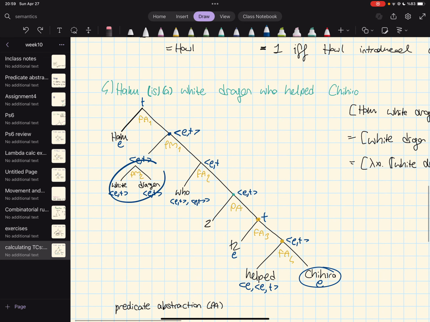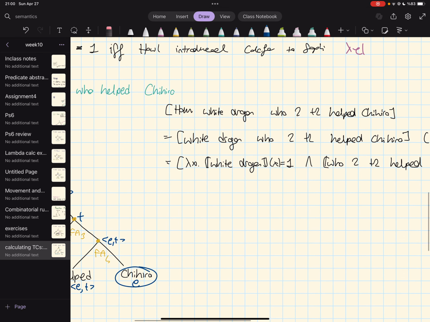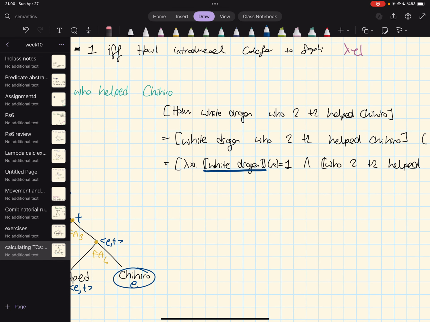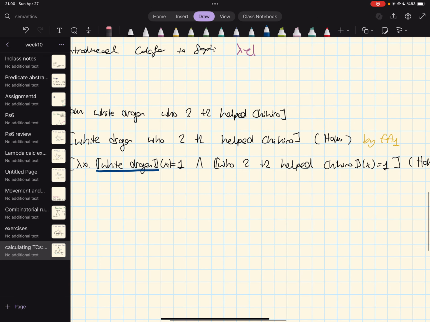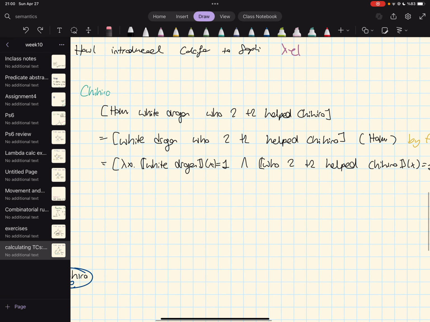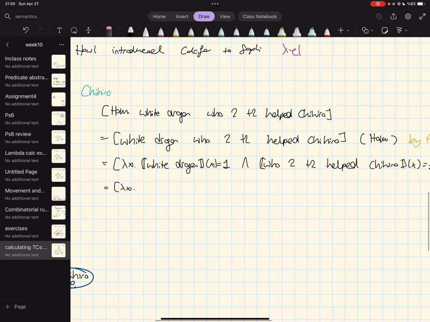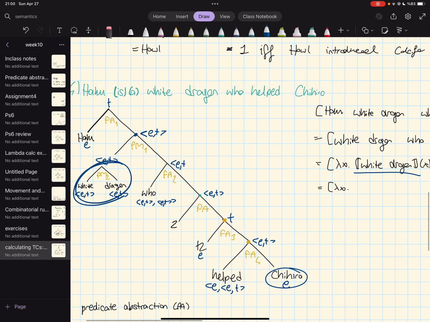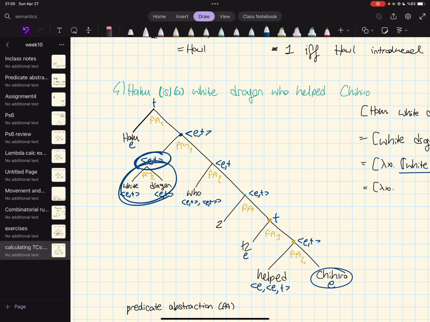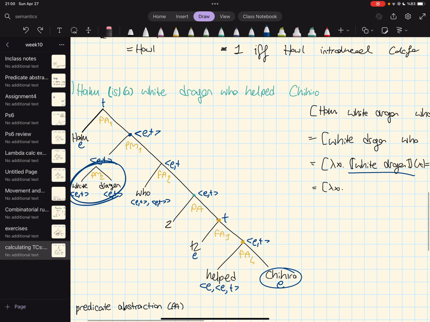Anyway, to separate white and dragon using predicate modification, what I'm going to need to do is to deal only with these brackets, and the rest will look the same. So I write down lambda x, and I'm dealing with white dragon only, because this node only has white and dragon as its daughters.